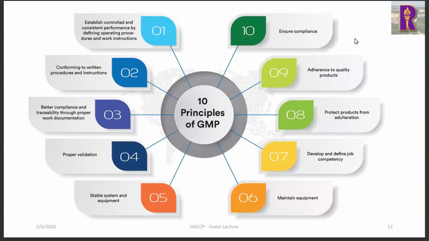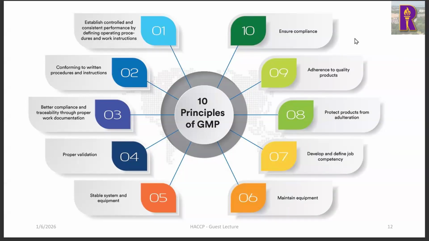So these are the few points which must be considered as principles of GMP while coming onto any manufacturing unit, any instructions for manufacturing, and then comes the written instructions and verbal instructions, which have to be followed by all the personnel, all the workers of the unit. And then comes the equipmental maintenance or equipmental system, which has to be properly maintained or checked at least at regular intervals.